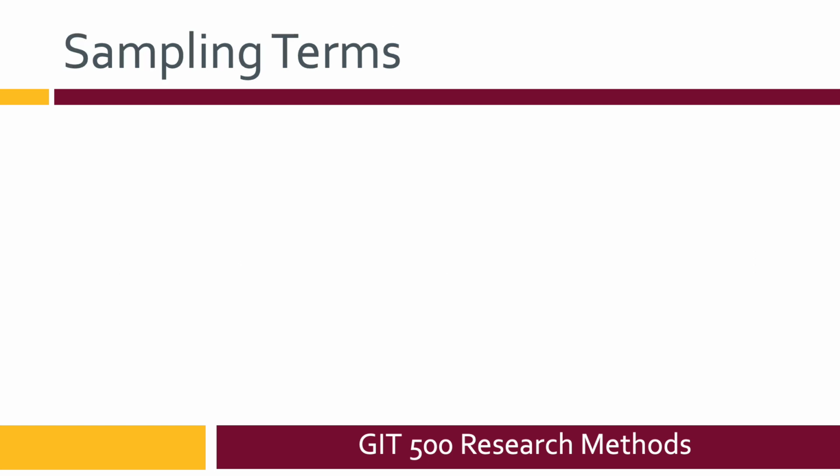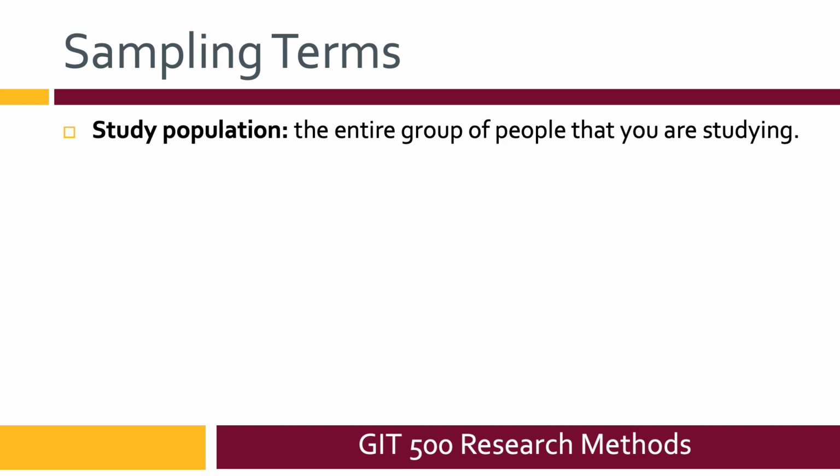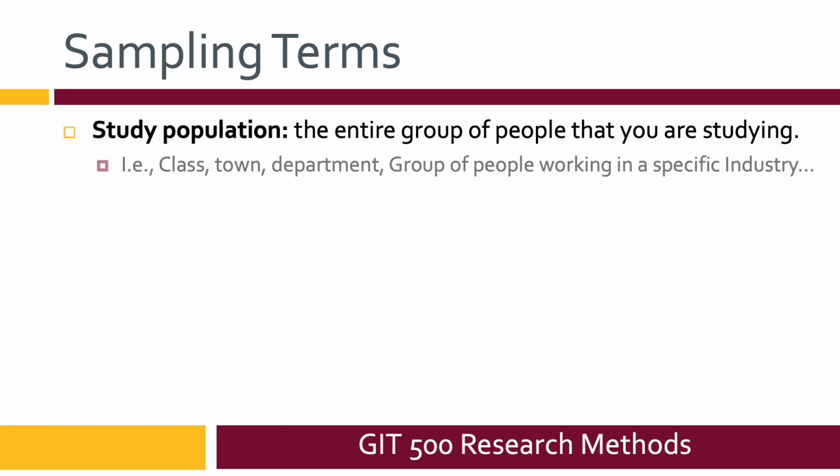Let's go over some sampling terms so you know what I'm talking about. Again, the study population is the entire group of people that you're studying. So that could be a class, a town, a department at work, a group of people working in a specific industry, like we saw graphic designers.